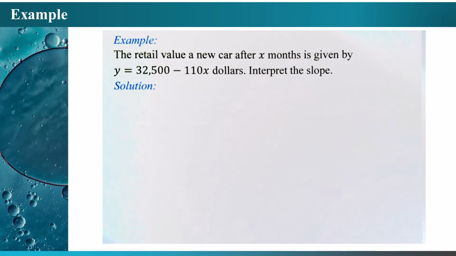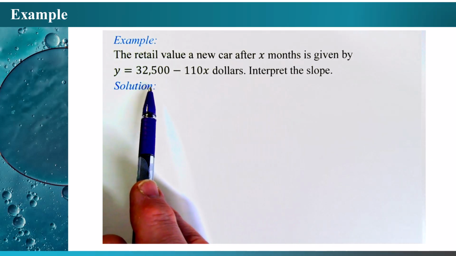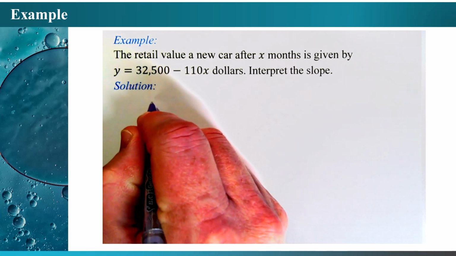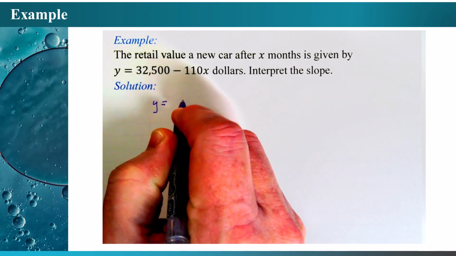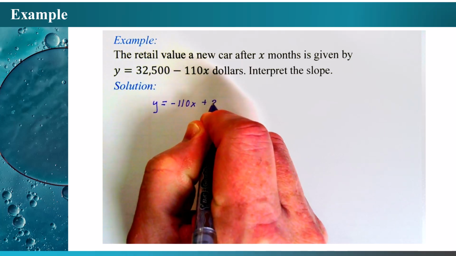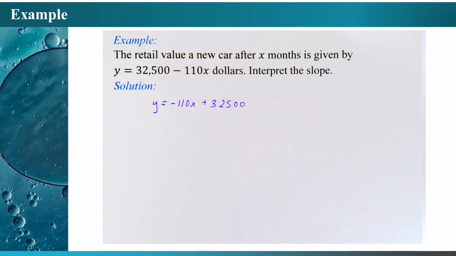In this example, the retail value of a new car after x months is given by y equals $32,500 minus $110x dollars. We want to interpret the slope. Well, how about we just start off by finding the slope? I'm going to rewrite this as negative 110x plus 32,500, which is in the form mx plus b.